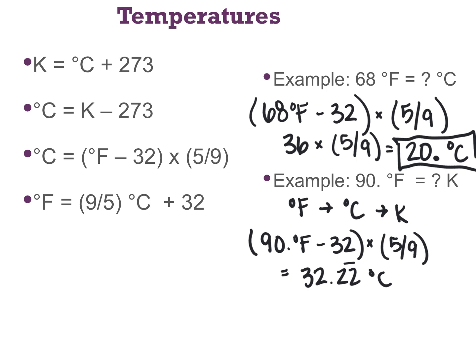So now if you look at your equations, how do we get from Celsius to Kelvin? Okay, top one. What are you going to add to that number? Okay, so now we're going to take this 32.22. If you can copy and paste on your calculator or just add plus 273, go for it. We do not want to round until the very end.